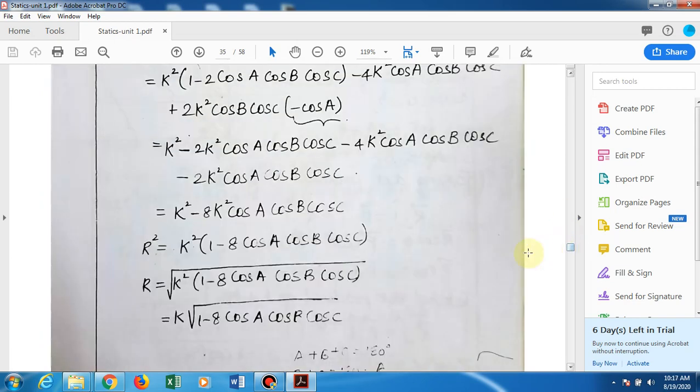So you will get R square is equal to k square into 1 minus 8 cos A cos B cos C. Then R is equal to the square root of k square; taking k square outside, you get k into square root of 1 minus 8 cos A cos B cos C.